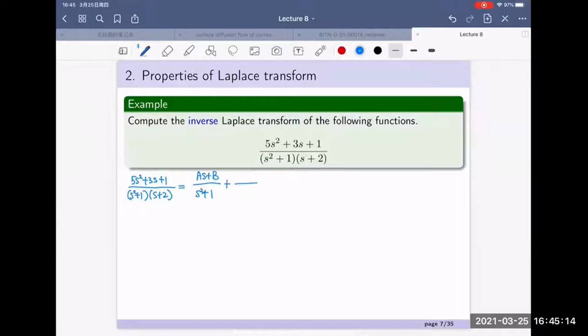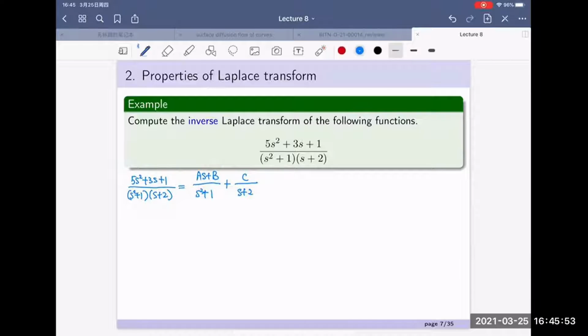Each function contains only one factor in the denominator, and the degree of the polynomial above is always smaller than the degree of the polynomial below. Originally you have such a polynomial of which the degree is smaller than the denominator.